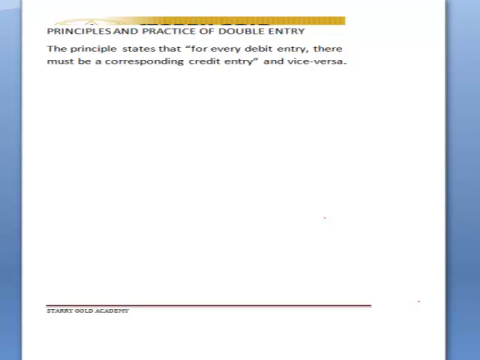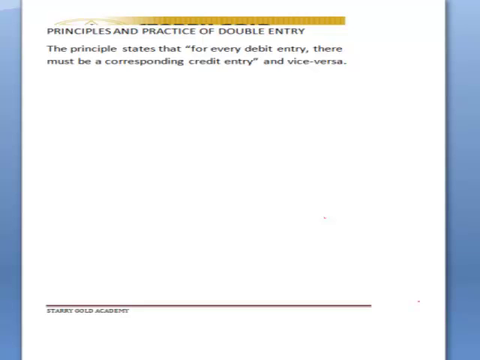Experience has shown over the years that many students fail accounts due to lack of in-depth knowledge of this principle. And this principle operates on the basis that every financial transaction must have two aspects.